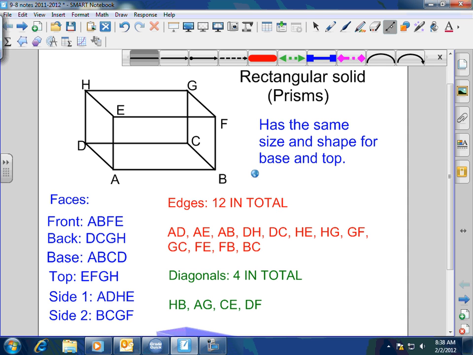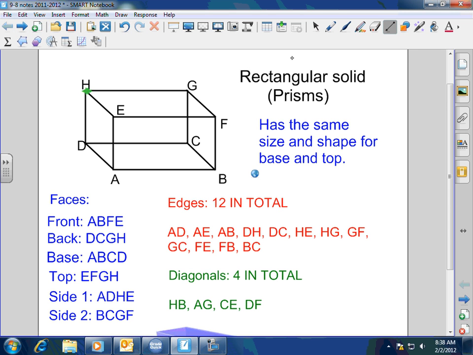Please pay close attention to what I'm doing here and the points that we are anchoring. For HB, I'm starting over here in the corner of H, going through the center of this figure and connecting to B. Does everyone see that? It is not on the outside of it, it is on the inside of it. You also have AG, this bottom left corner to the top right corner, inside of the figure.